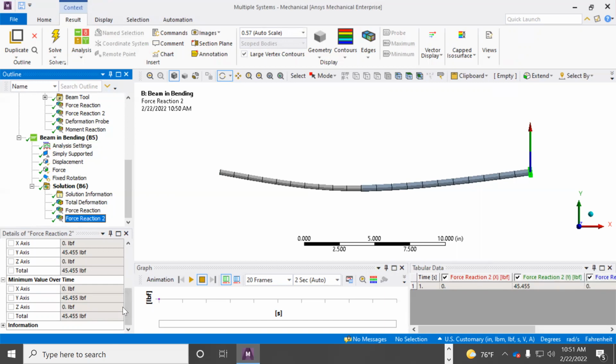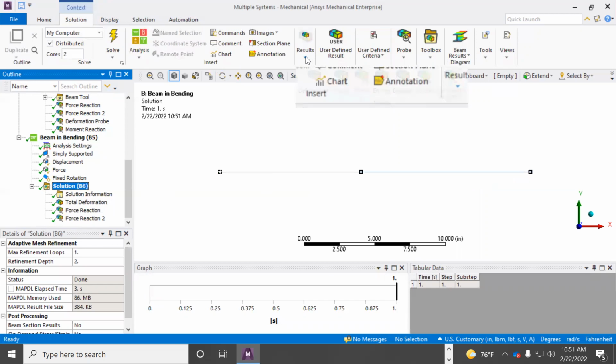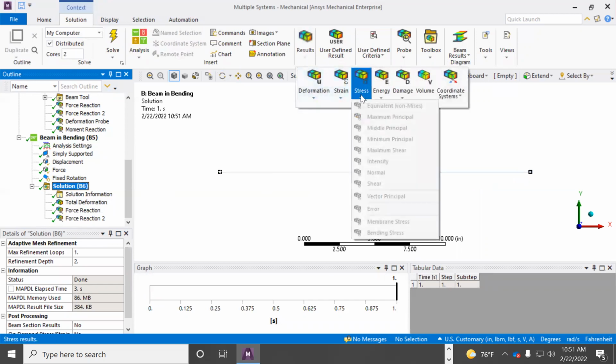When we solve for beams, we are interested in internal forces or stresses. I want to show you here, when you are using beams, if you go to results, you will find that stresses are all grayed out, because I'm not using any solid elements.